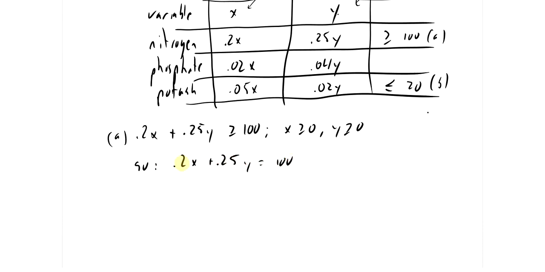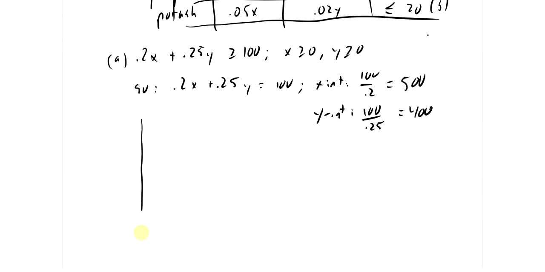To graph this, we start with taking the line here. Your x-intercept is 100 divided by 0.2, which is 500. Your y-intercept is 100 divided by 0.25, and that is 400.